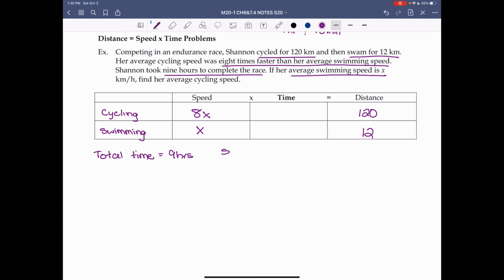If we have speed times time equals distance, but we want to write time, we would divide both sides by s to get time equals distance divided by speed. In our case, for cycling, time would equal the distance, which is 120, divided by the speed, which is 8x. And for swimming, the distance was 12 divided by the speed, which is x.